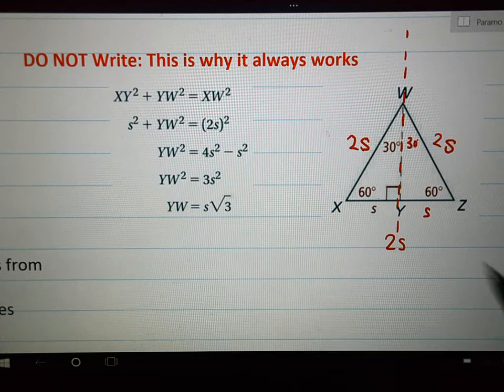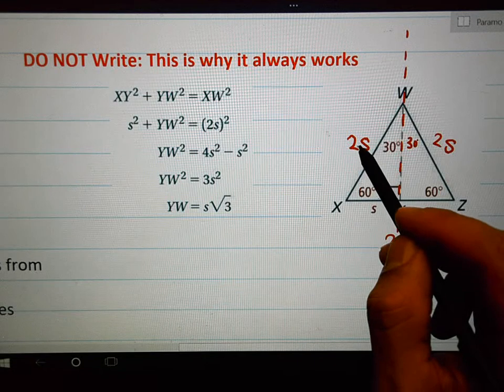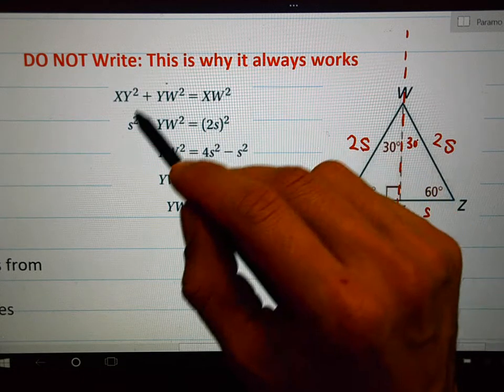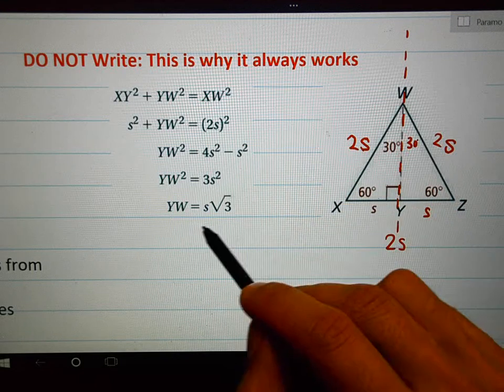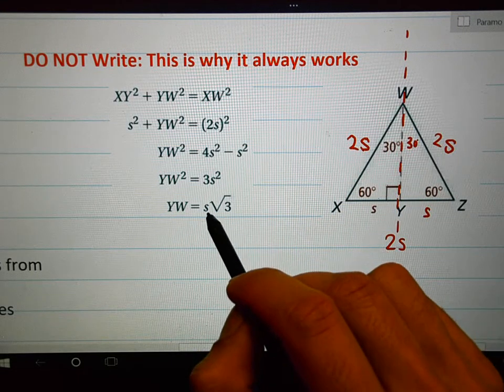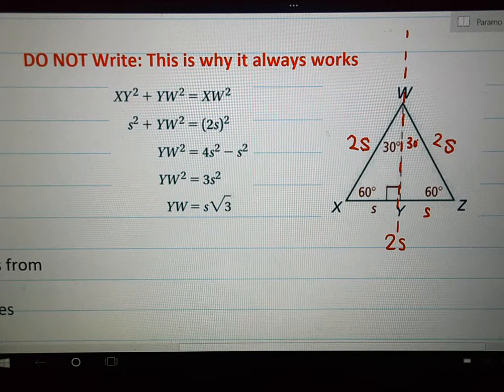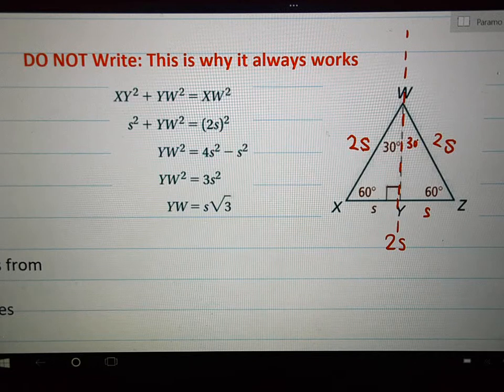Into two 30, 60, 90s. S, 2s, and if you do the Pythagorean theorem on s and 2s as the hypotenuse, you'll get that this altitude has to be s root 3. It always works. It's a shortcut using the Pythagorean theorem without actually having to use the Pythagorean theorem.